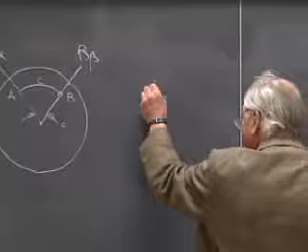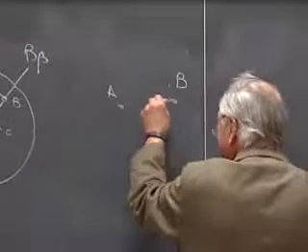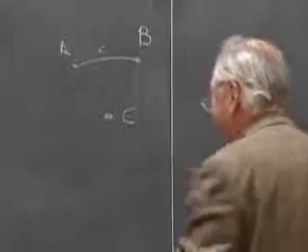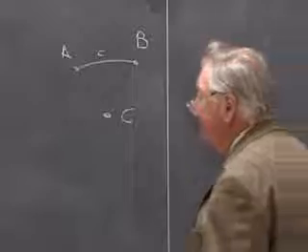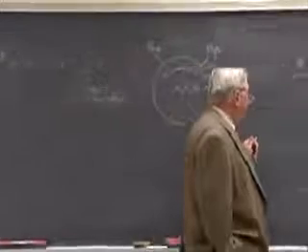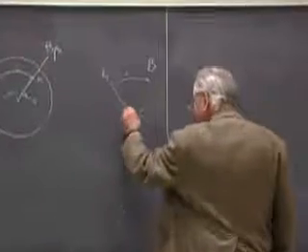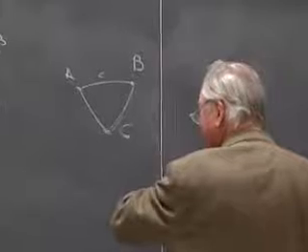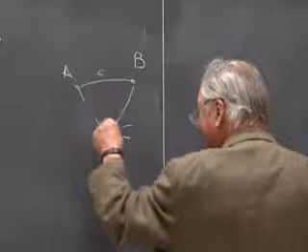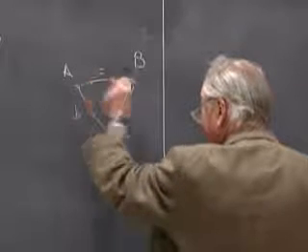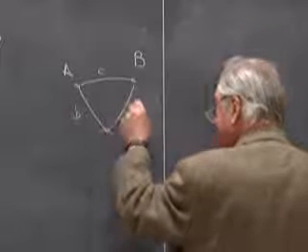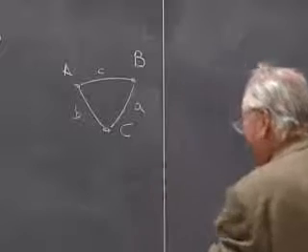I'll just draw A and B, and this is the arc between them, C. And somewhere or other, there'll be some third axis C, which is going to be the combined effect of the rotation about axis A and axis B. So what I would like to do is to locate the position of this axis C. In order to do that, I'll have to know what the angle between A and C is, and I'll call that, by analogy to what I've done here, B. And I want to know what the angle between B and C is, and I'll call that angle A.